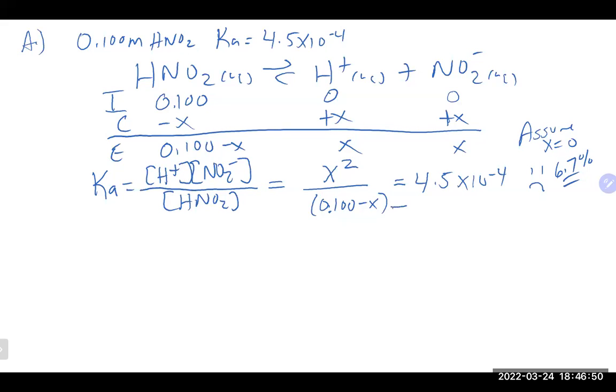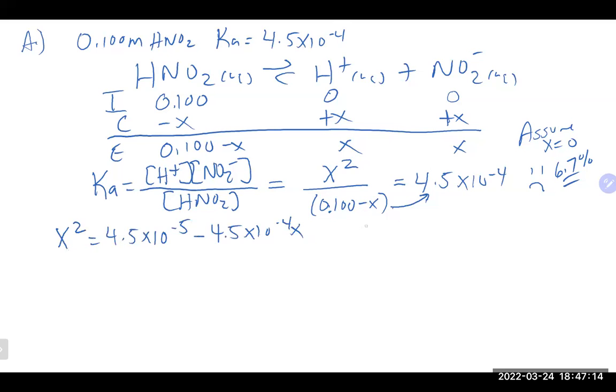So we're going to multiply everything that's on the bottom to the other side there. And if we do that, on my paper here, we got x squared equals 4.5 times 10 to the minus 5 minus 4.5 times 10 to the minus 4x, bringing everybody back to the same side.